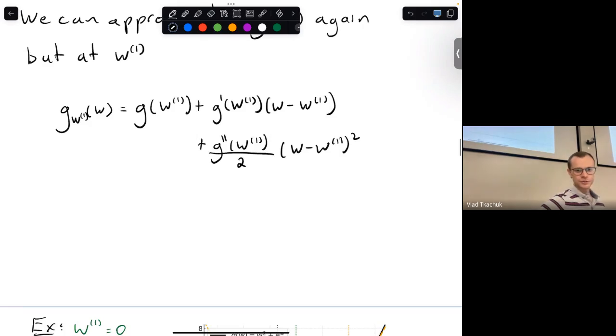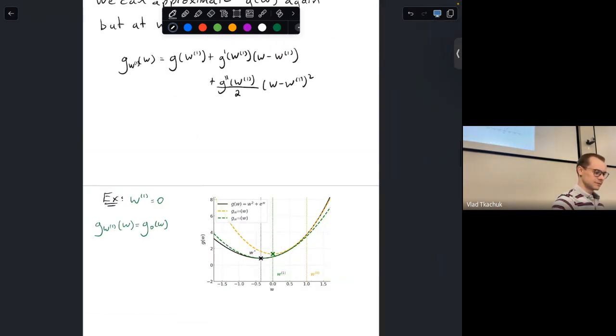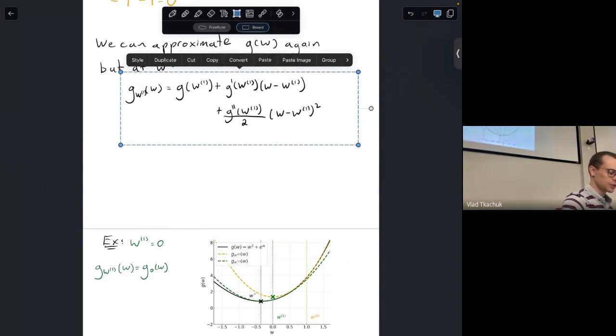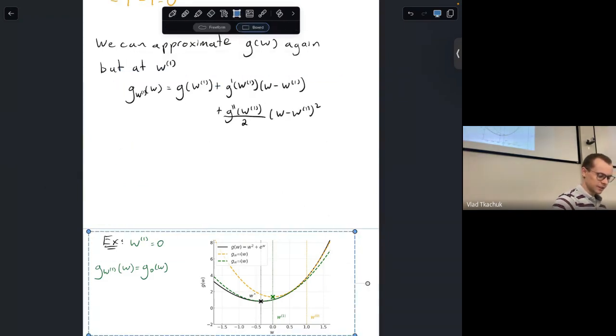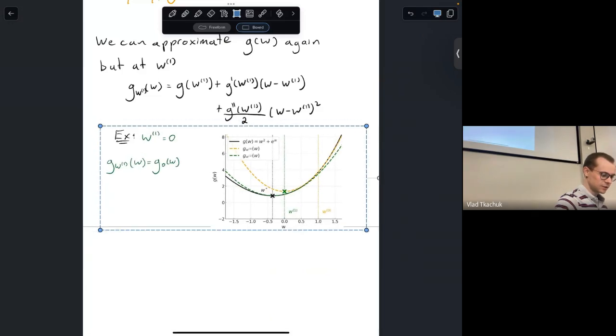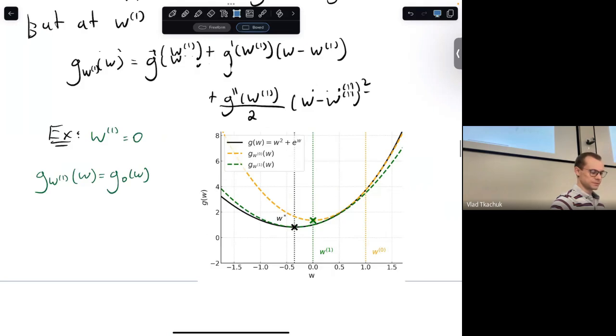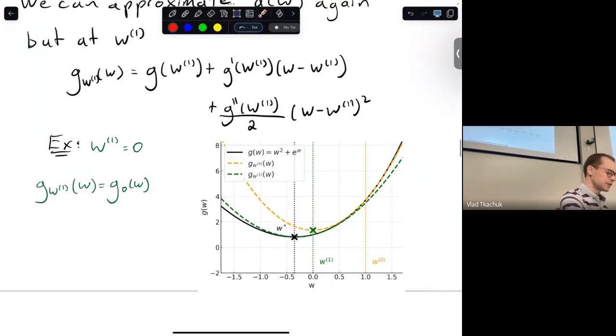Great. So if we continue with the previous example, we can visually see what our new approximation looks like, and that it is indeed better than the previous version. So the green thing is this g of W1. Remember, we solved for W1 above, it was 0.